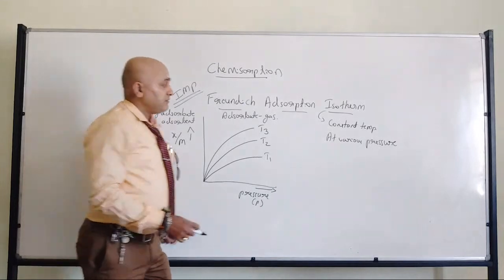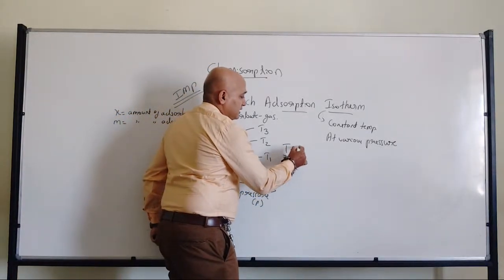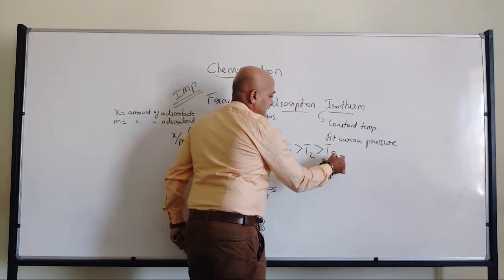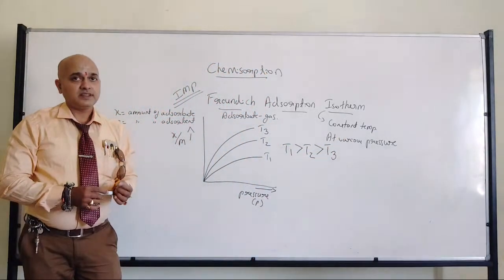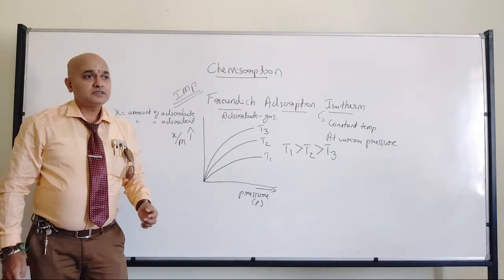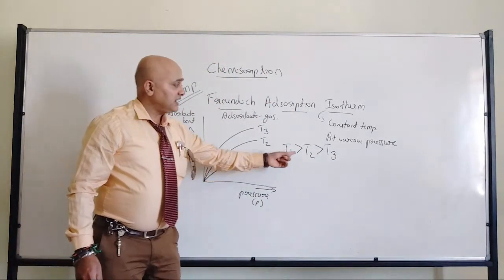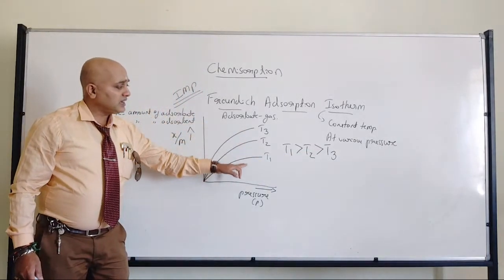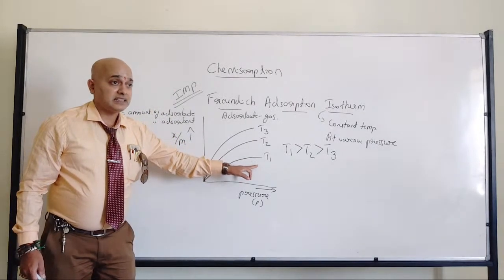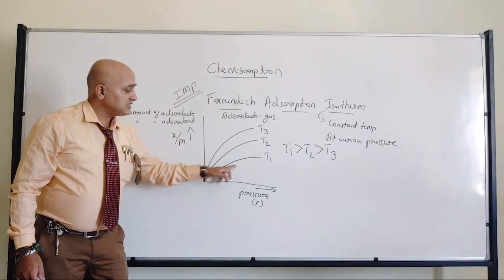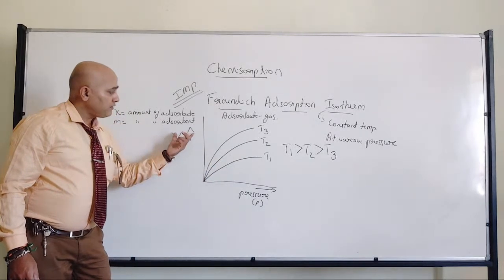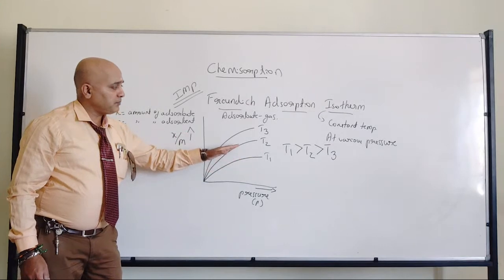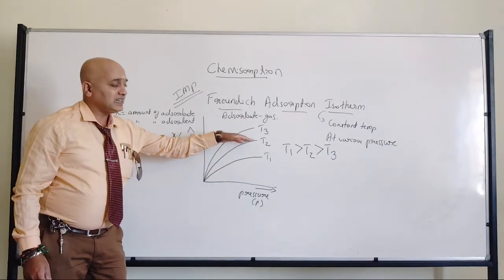Very good. We can tell that T1 is greater than T2, and T2 is greater than T3. Therefore, based on the graph, we can clearly tell that as there is an increase in temperature, the amount of adsorption is less. As there is a decrease in temperature, adsorption is increased.